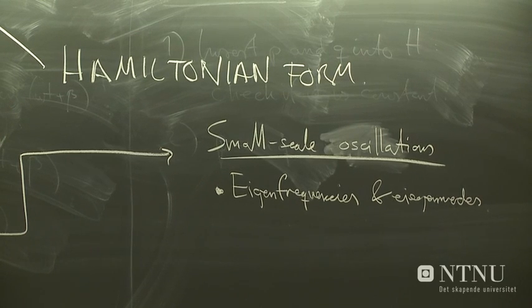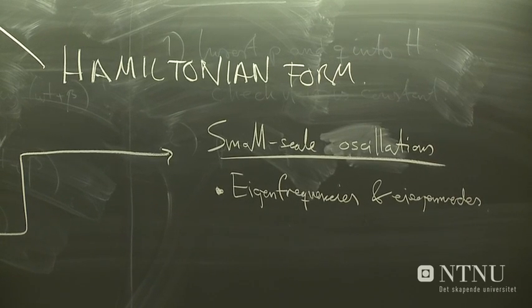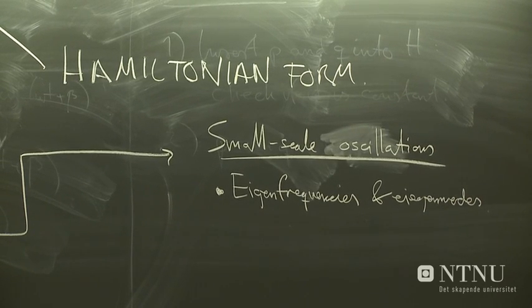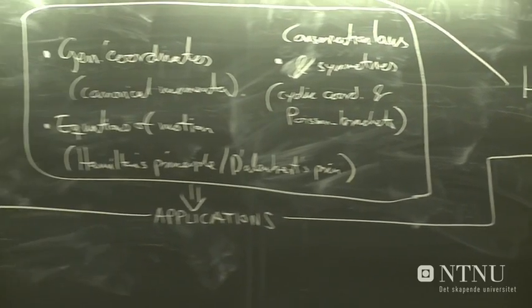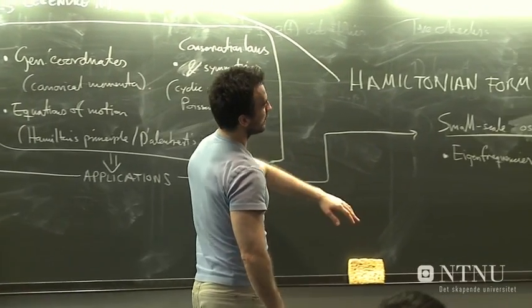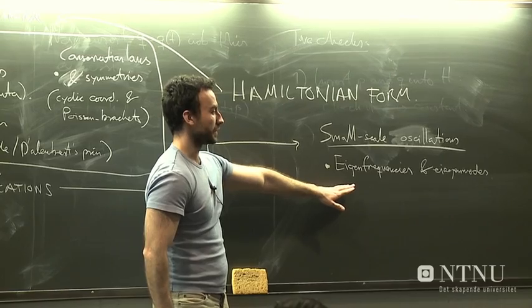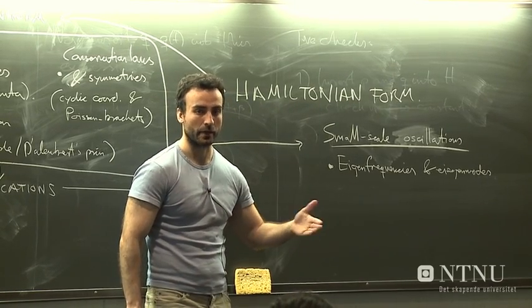So what we discussed here was a situation where we considered a small perturbation on a system from its equilibrium point. This equilibrium point could be either stable or unstable. But in the case of a stable equilibrium, we saw that this perturbation would give rise to an effective oscillation around this equilibrium point.